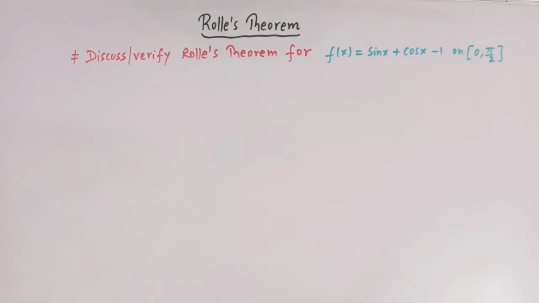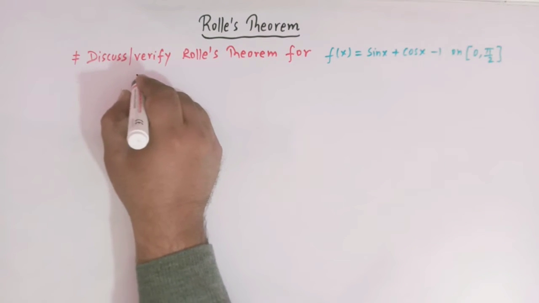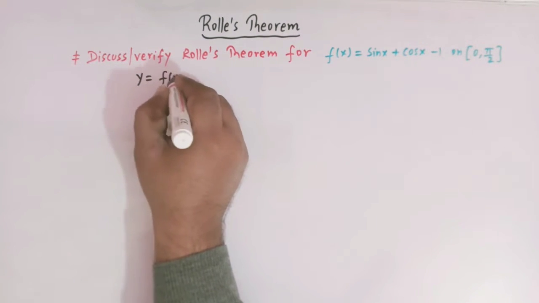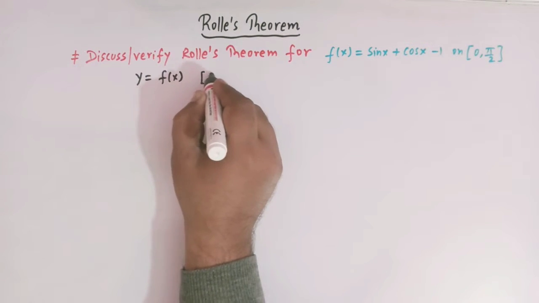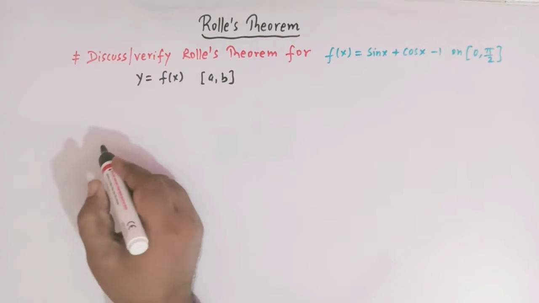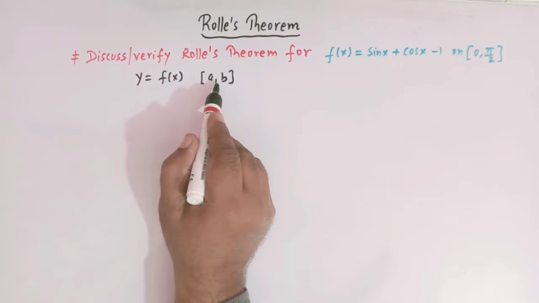So let us solve this problem, but before solving it, let us quickly see the statement of Rolle's theorem. Suppose we have a function, say y is equal to f of x defined on some interval a comma b. This is the domain of this function.